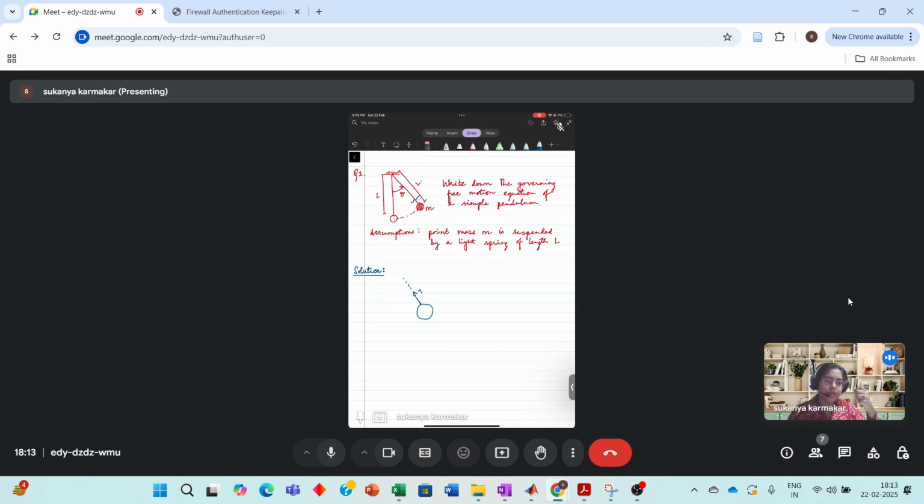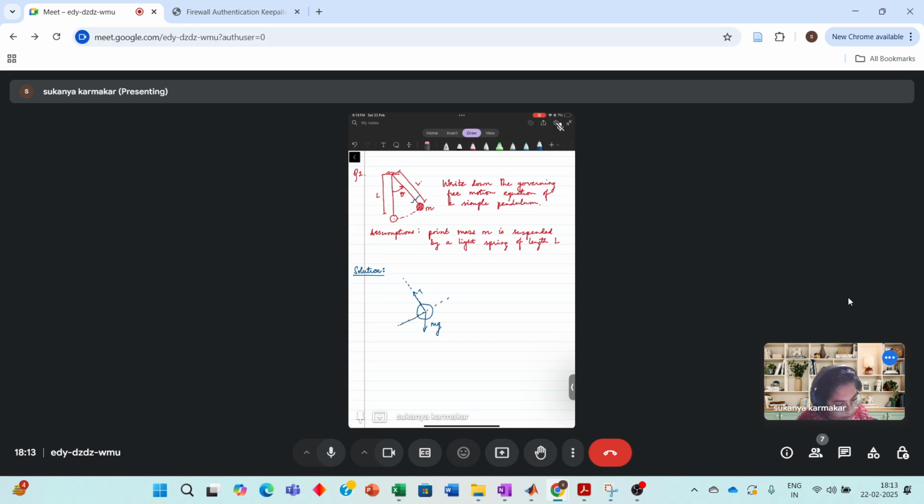A string can carry only tensile forces. Under compression, the string will slack and not carry any force. So this force has to be tensile in nature. Then the weight of the ball will act in the vertically downward direction.